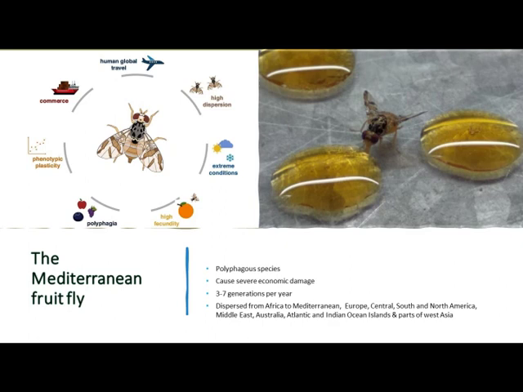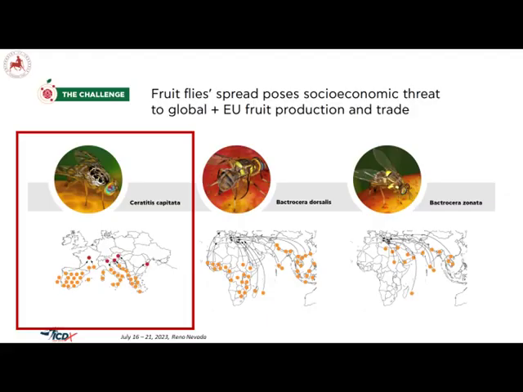But what we have seen recently in Europe is a gradual dispersion and expansion of the geographic distribution of medfly to the north. In Europe we don't face problems only with medfly, but also some additional invasive species: Bactrocera dorsalis, the oriental fruit fly, and the peach fruit fly, which are detected more frequently in European countries nowadays.